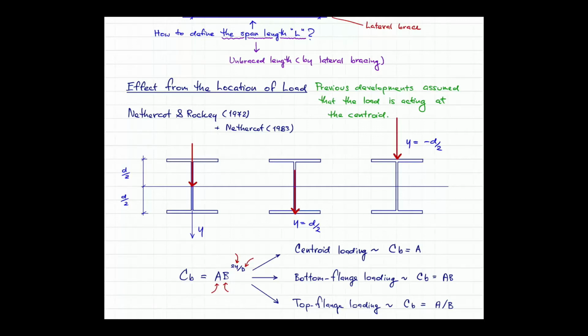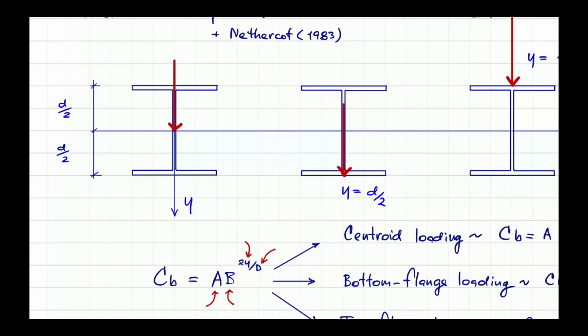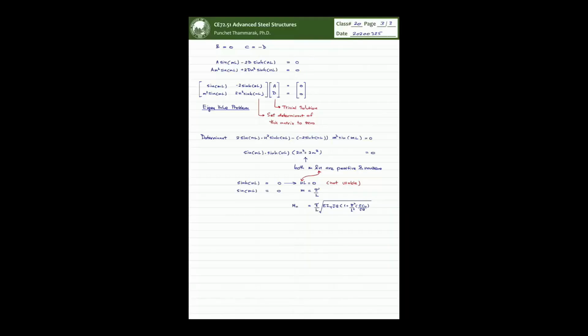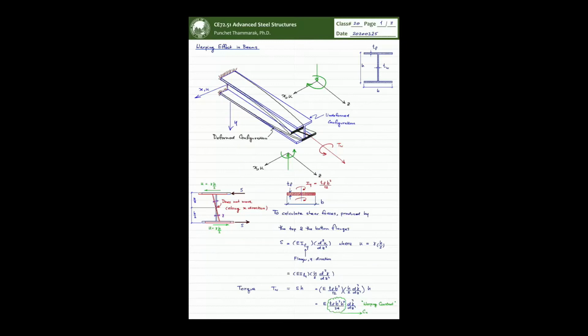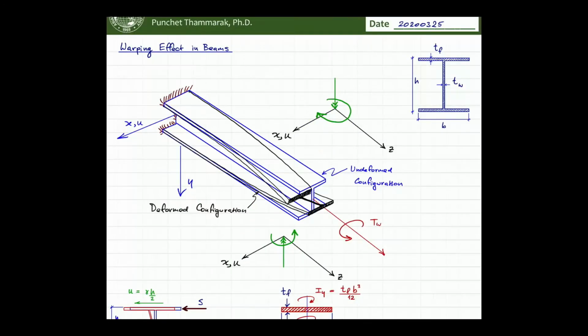Y now. Y is measured from the centroid, and the Y axis is pointing downwards. Well, you are familiar with this sign for the Y, right? So we are consistent with the very first derivation we did in the flexural problem.